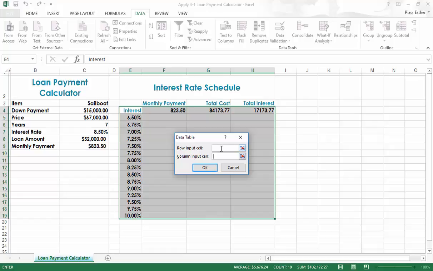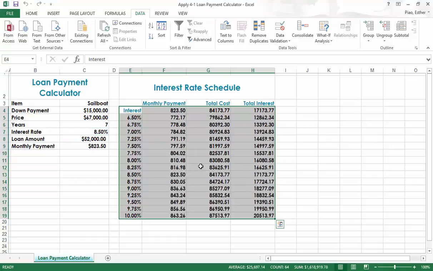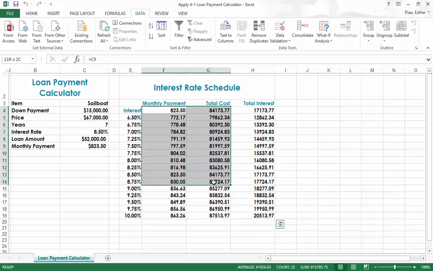Where is this set of values you are going to replace? Okay, so we know this column. This column contains the set of values we are going to replace with interest rate here, which is C7. Press OK, and boom, it's going to help you calculate automatically with all these different sets of values.